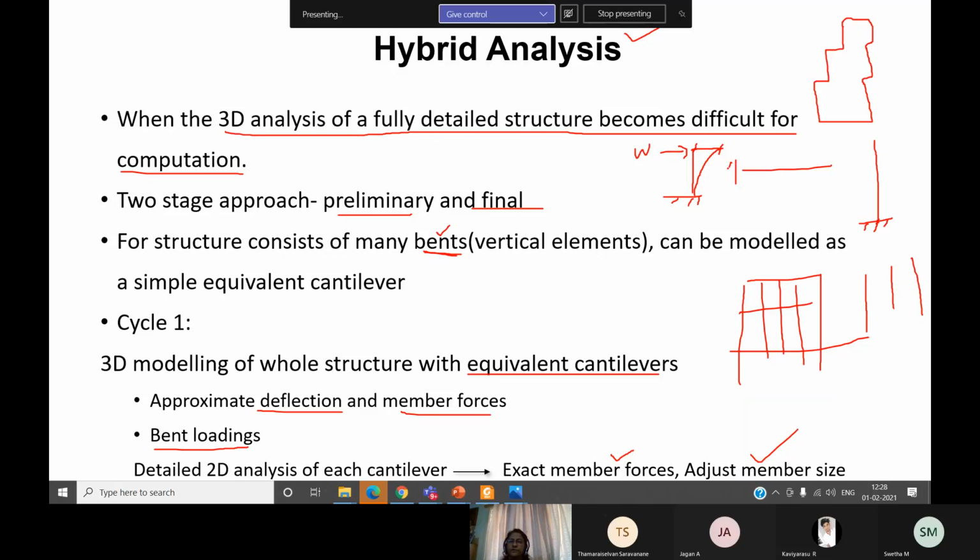If I draw it horizontally, it becomes a beam; if I make it vertical, it becomes a column. Tell me, if L is the length, what is the deflection at the free end of a cantilever?